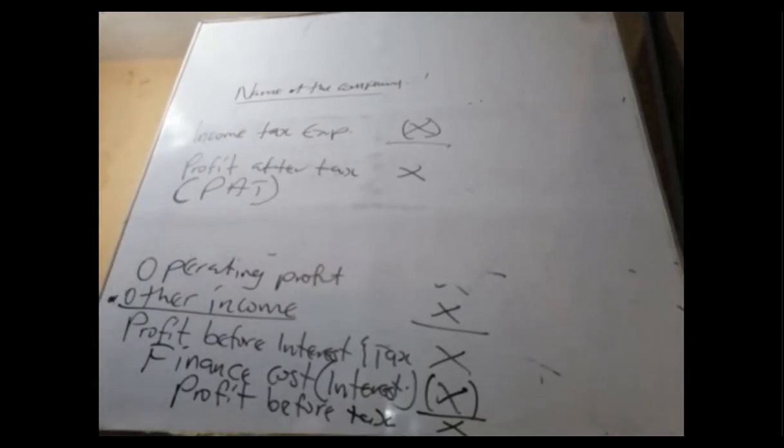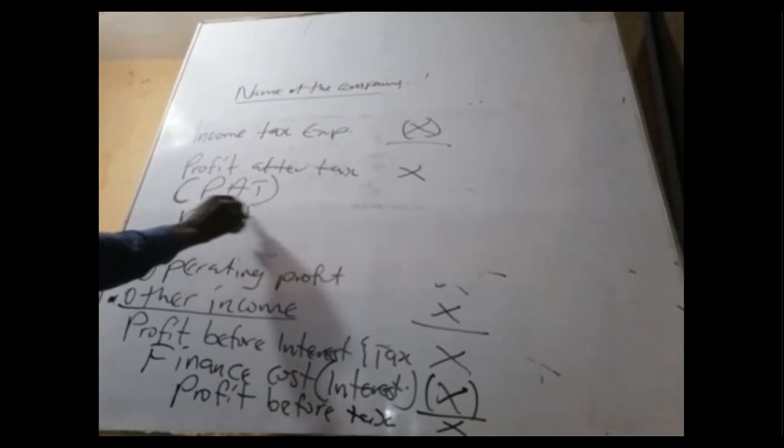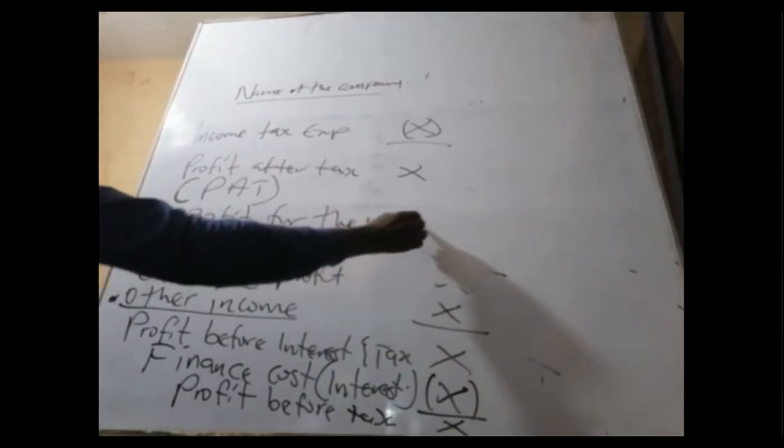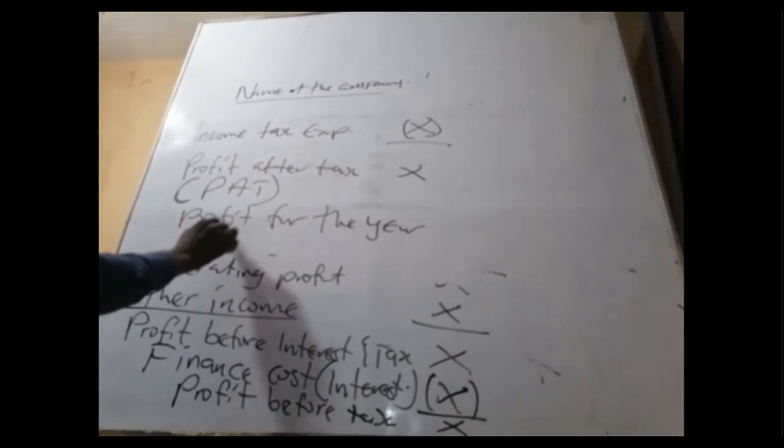The profit after tax is also called profit for the year. Another name, profit for the year. Another name, we also call it net profit.